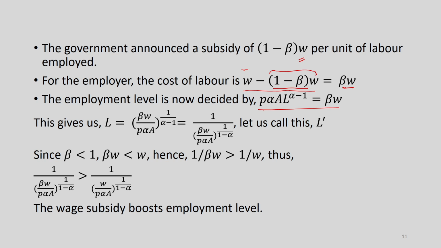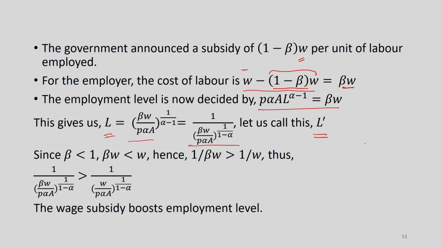From this we can solve for L, the optimal labor employment, and that like before turns out to be 1 divided by beta W divided by P alpha A, to the power 1 divided by 1 minus alpha, and let us call this L dashed.